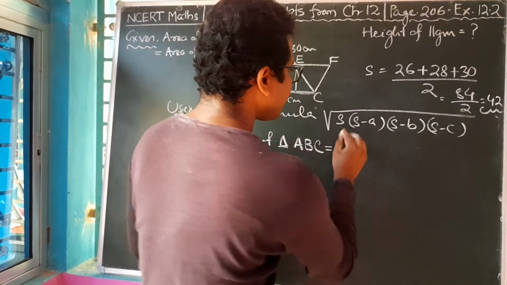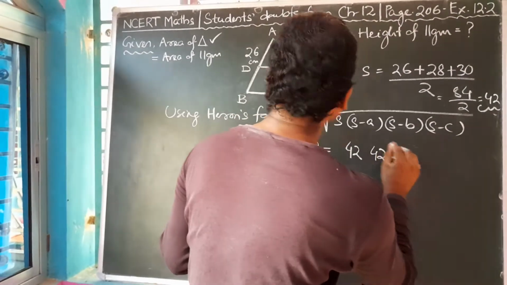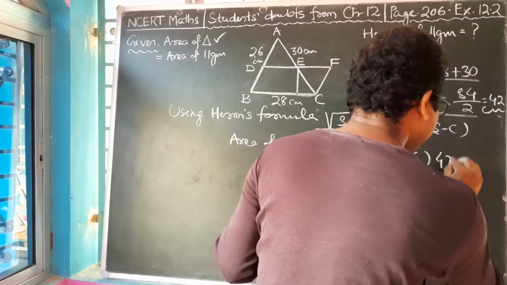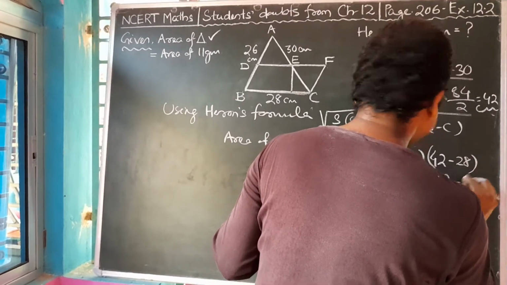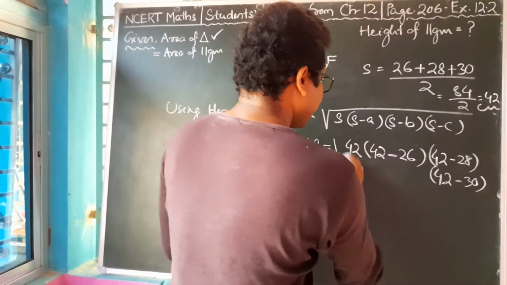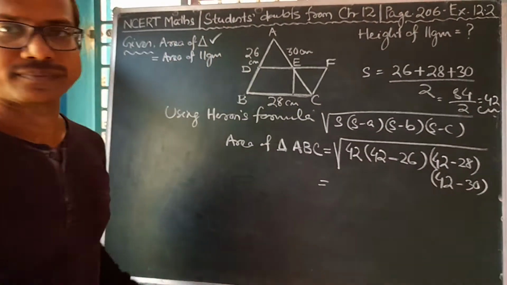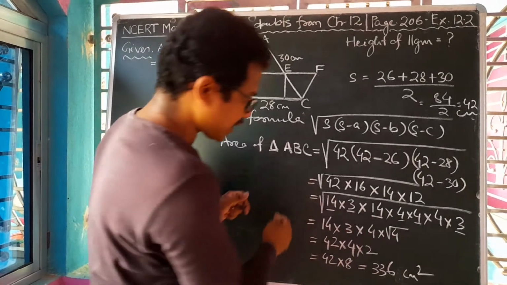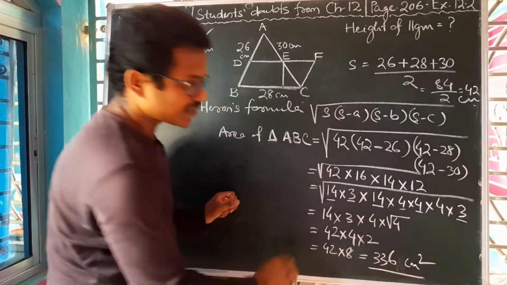It is equal to the square root of 42 into S minus A, meaning 42 minus 26, into S minus B, that means 42 minus 28, into S minus C, that means 42 minus 30. Friends, the area of the triangle we have found, and you see that is 336 cm square.